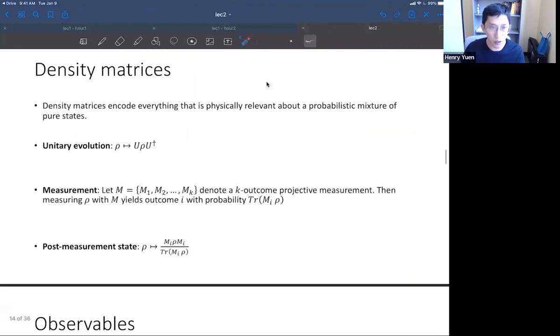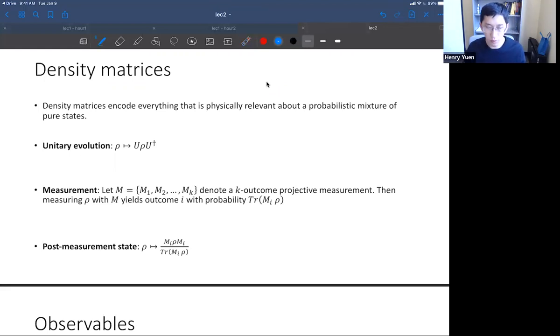All right, with all that in mind, let's go back to density matrices. Density matrices, by definition, are supposed to encode everything that's physically relevant about a probabilistic mixture of pure states. If you can't learn it from the density matrix, then you can't learn it at all in some sense.